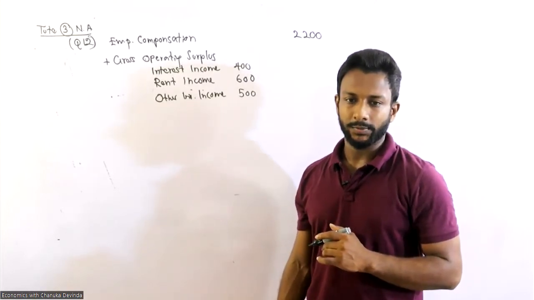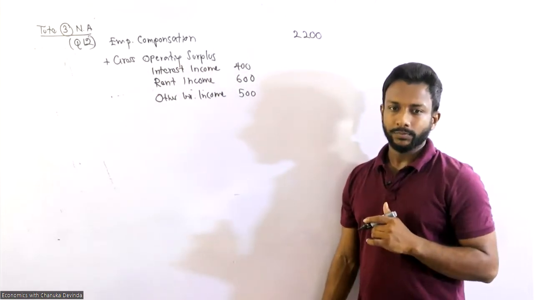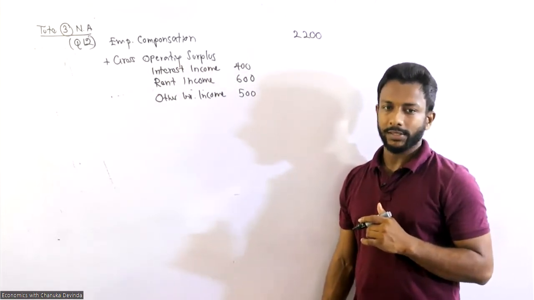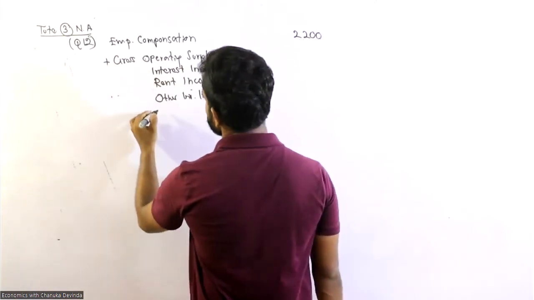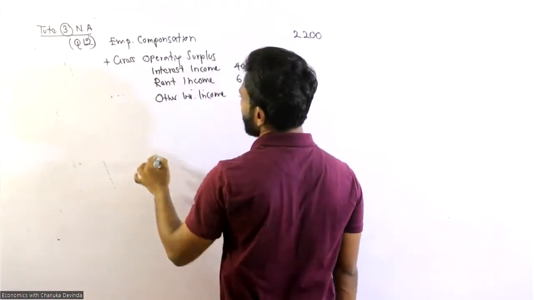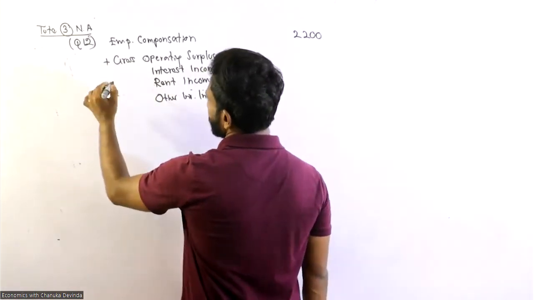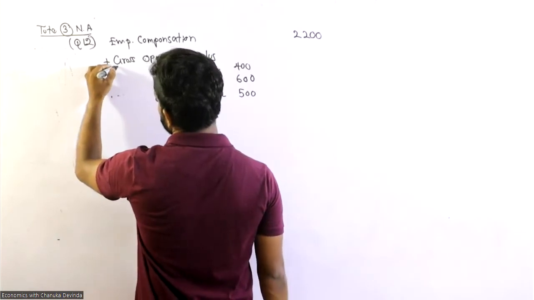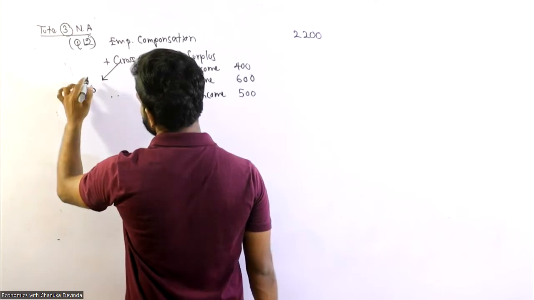And what is consumption of fixed capital? Yes, consumption of fixed capital should all be there in gross operating surplus. We go directly to gross, but there is also net operating. So there are three parts. What are the three parts?